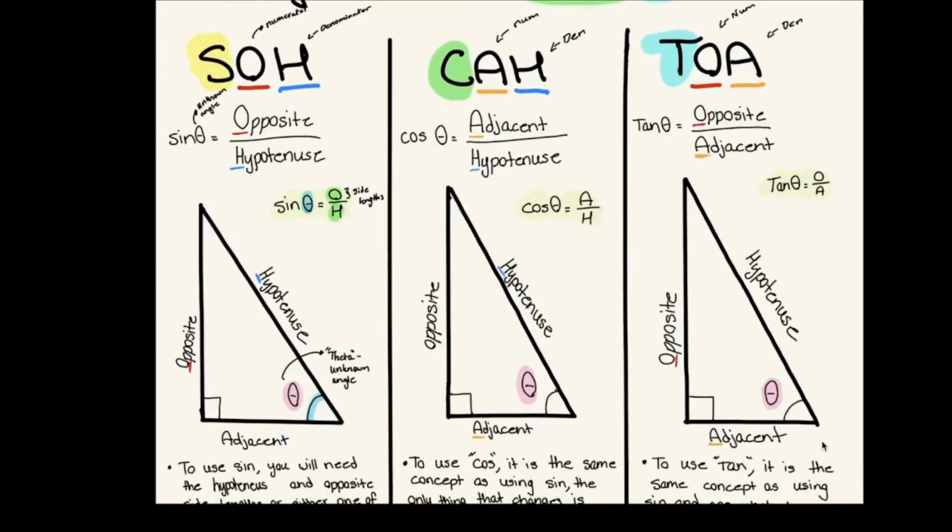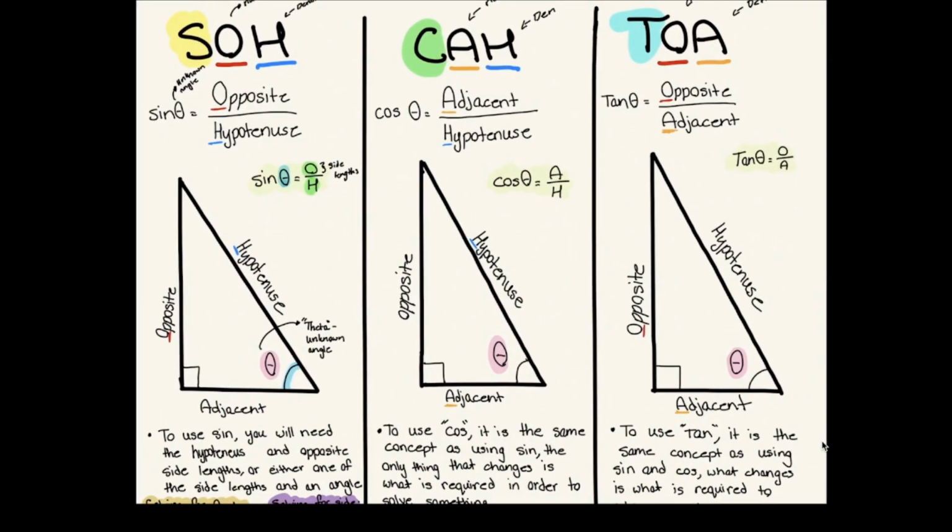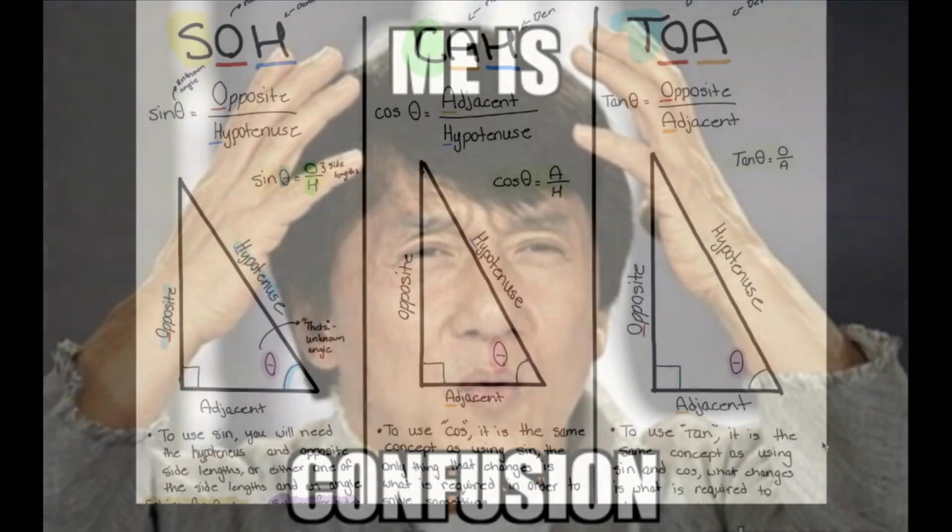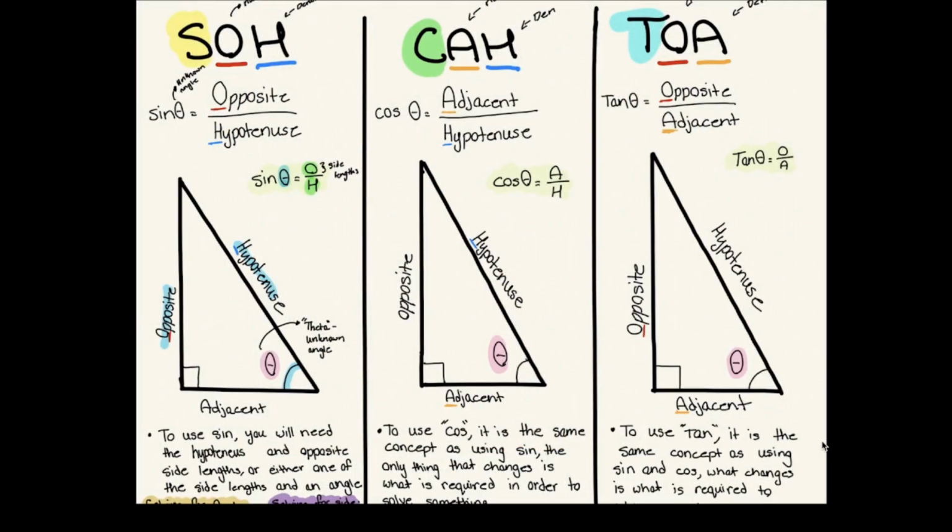I have the triangles here, and it might make more sense if I highlight them. For sine, you have to be given the opposite and the hypotenuse. Cosine is just the longer version of cos, just as tan is the shorter version of tangent.